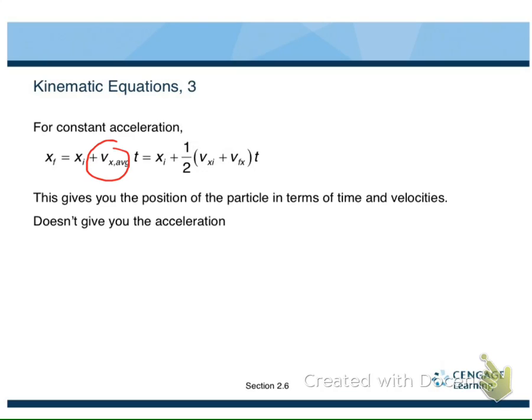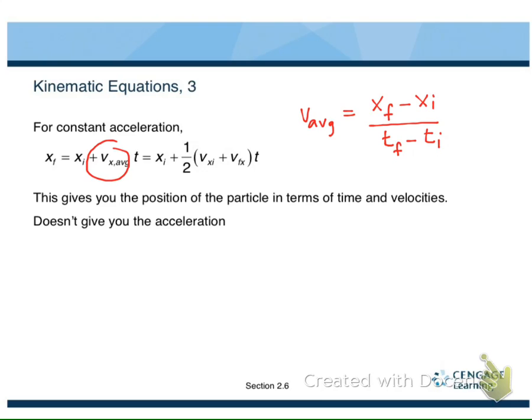Since the average velocity is equal to the final position minus the initial position, or the displacement, divided by the final time minus the initial time.